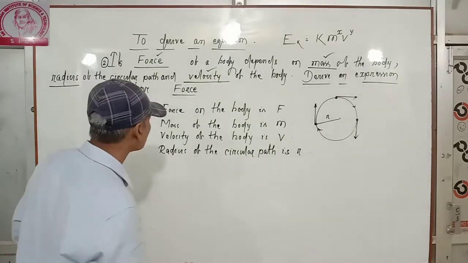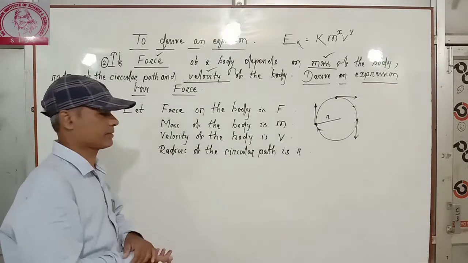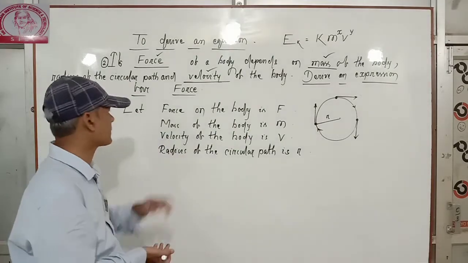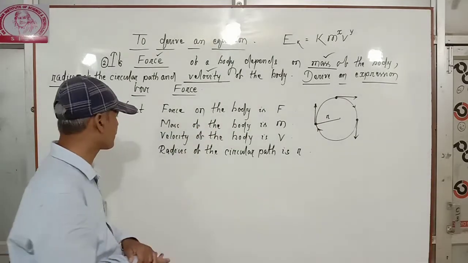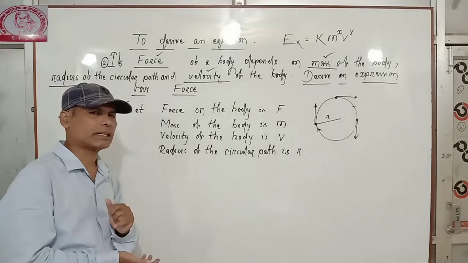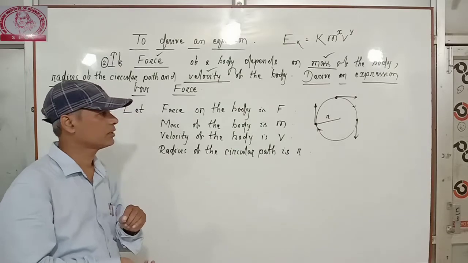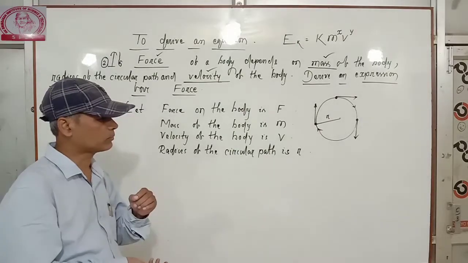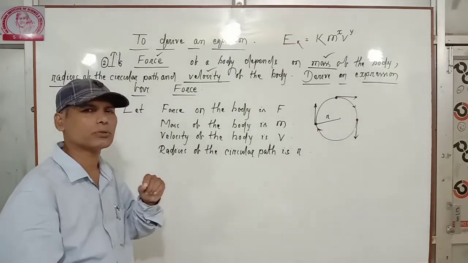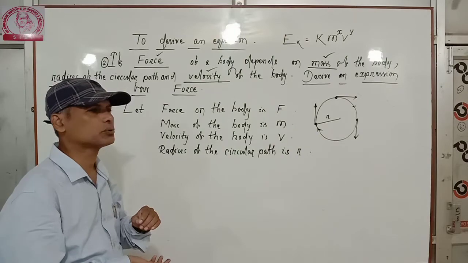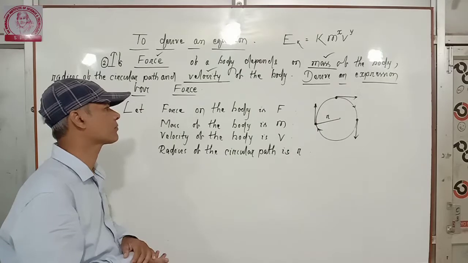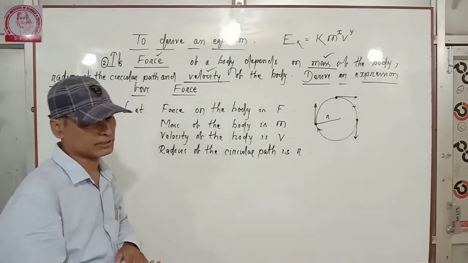Okay, let's start now. The symbols we have used are F for force, M for mass, V for velocity, and R for the radius of the circular path. Earlier I have stated that symbols are very much important when we interpret, derive, or deal with any calculation related to physics.